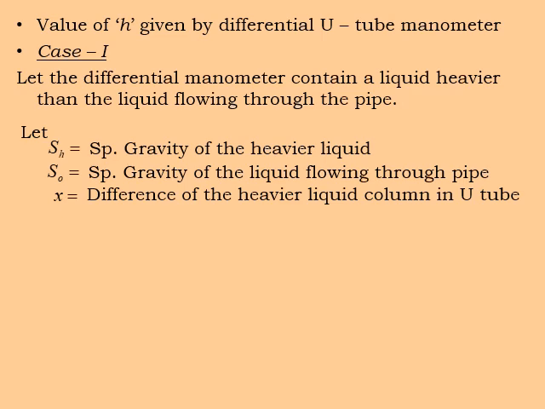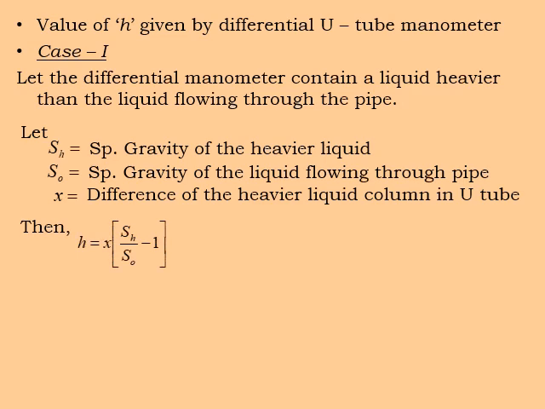When the two ends of the manometer are connected to the two different sections, section 1 as well as section 2, because of the pressure difference at the two sections, we will get some difference in heights in the left column as well as the right column of the manometer. That distance is denoted by X. So X is the difference of the heavier liquid column in the U-tube.